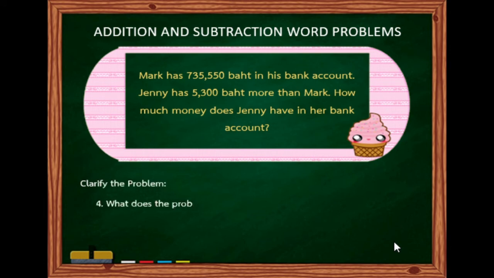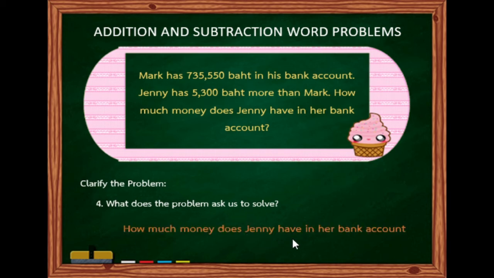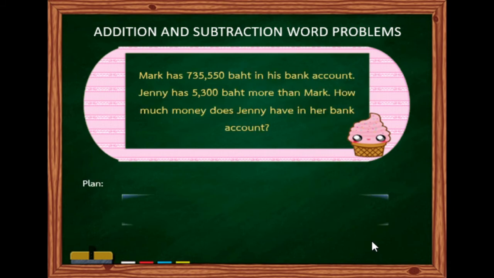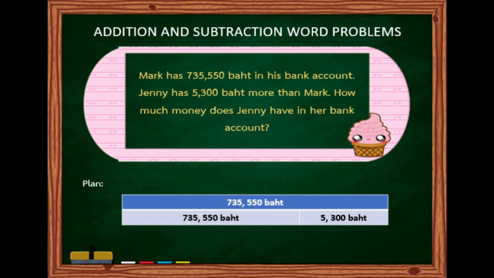Number 4. What does the problem ask us to solve? We need to know how much money Jenny has in her bank account, because 5,300 is not only her money, but it says it's more than Mark's money. So we need to solve for it. What's our plan? Putting it in a diagram, you can see above the blue row 735,550 baht.